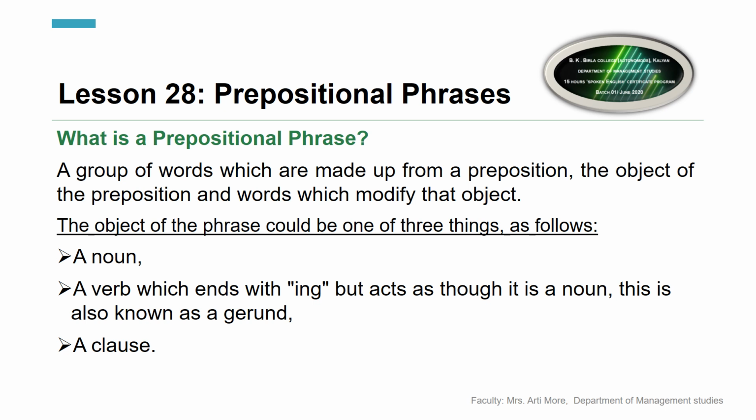At the very least, it will be made up of one preposition as well as the object which it governs, although there may be more than one preposition in place. The object of the phrase could be one of three things: a noun, a verb, or a clause.